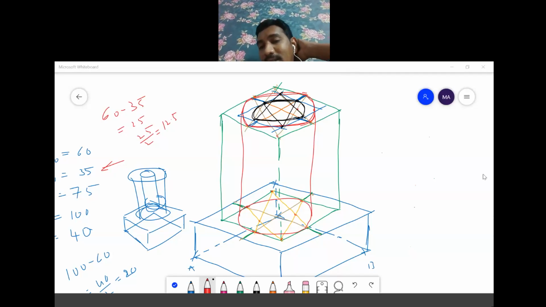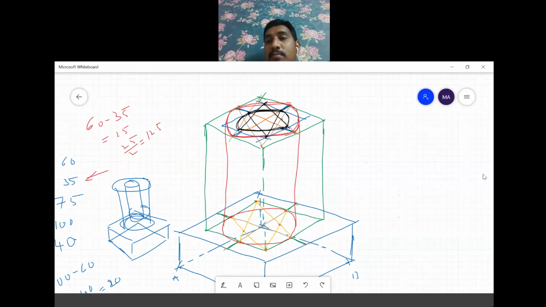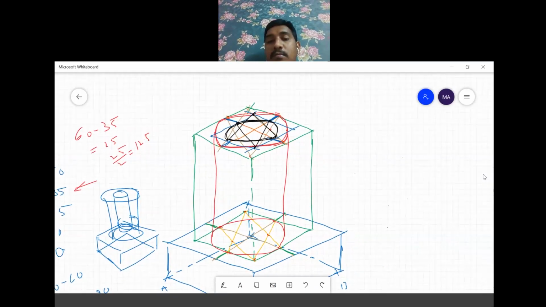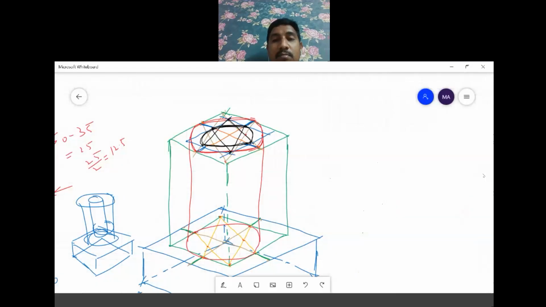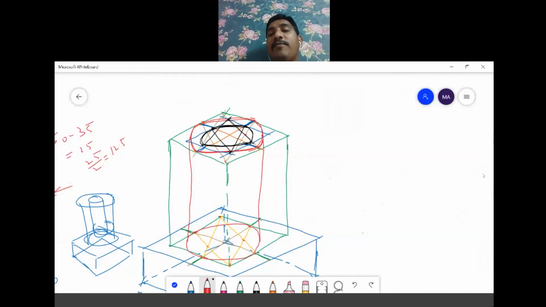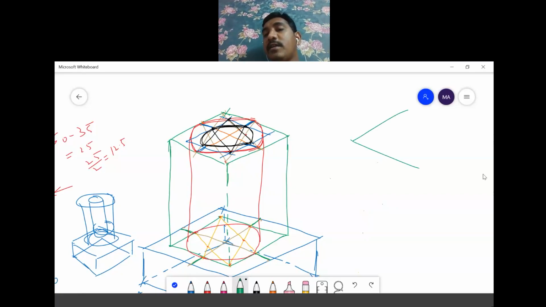Okay, for drawing the inner circle, after constructing this green color square, first you have constructed this square by projection.